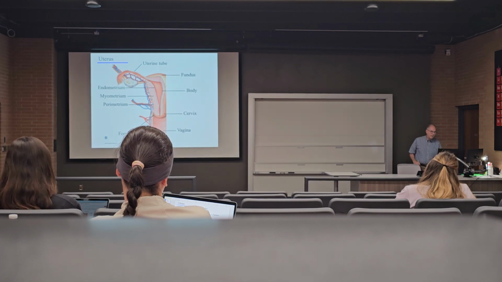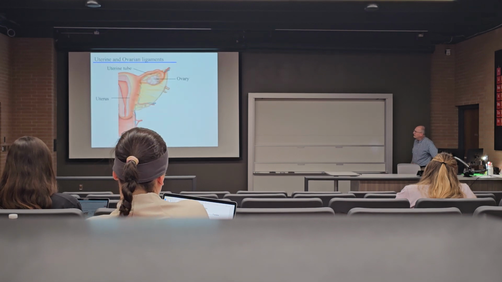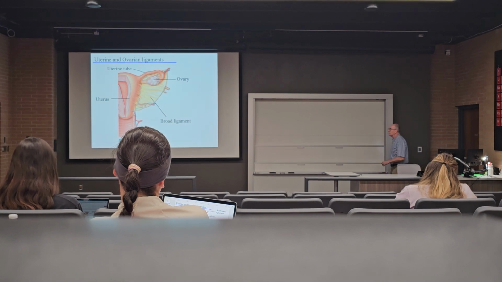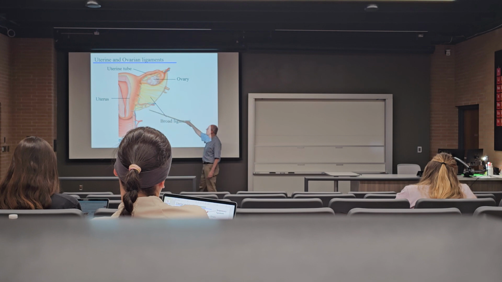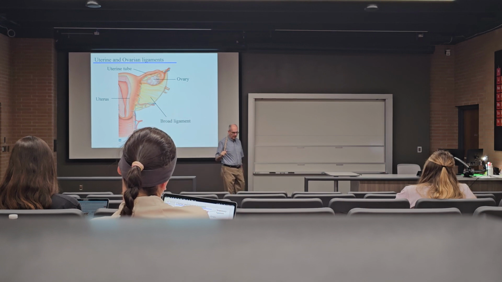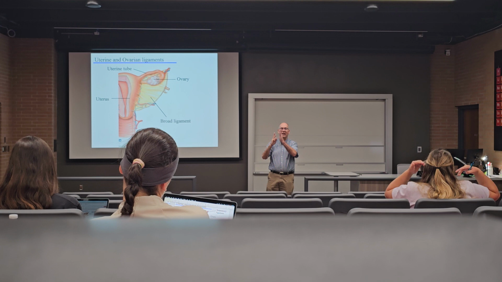Okay, that is what the uterus looks like. A few other structures here to take account of. Again, the ovary is held onto the uterus by the ovarian ligament. Then we have what is known as the broad ligament. The broad ligament here is a fold of the peritoneum, and it's this big broad structure across here. The peritoneum itself, of course, is a double-sided membrane because it's a serous membrane, so it does have 2 layers to it.